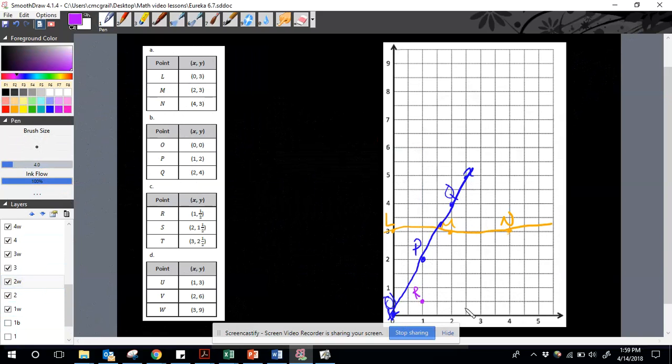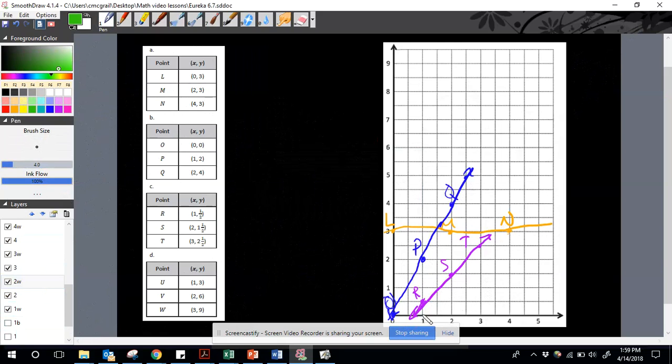S is 2 comma 1.5. And then T is 3 comma 2.5. Right there. And these 3 points make a line. And then lastly, let's go with green.